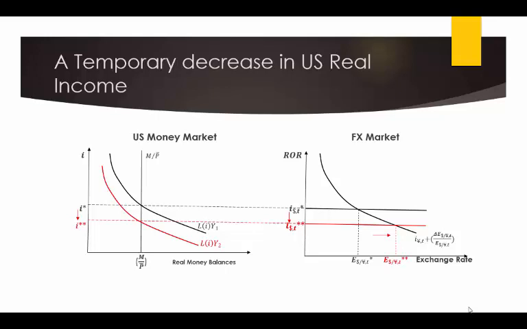This causes the US nominal interest rate to fall, and as a result, in the foreign exchange market, the foreign asset is now more attractive than investing in the US, which now has a lower rate of return. Dollar holders increase their demand for yen in order to invest in Japan, since the dollar rate of return on the yen asset is now higher. The result is the spot dollar-yen exchange rate rises as the dollar depreciates against the yen.